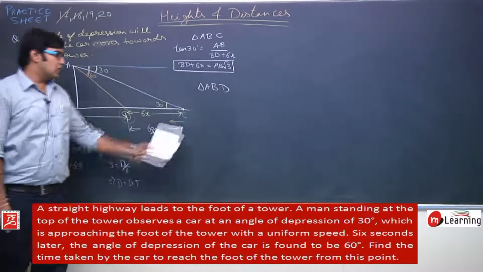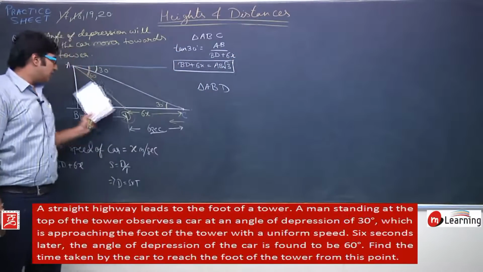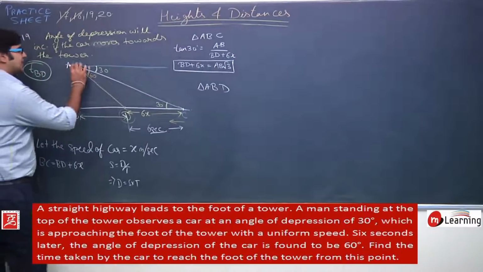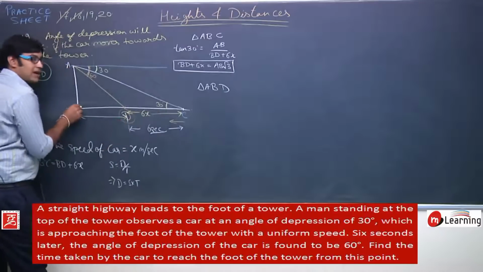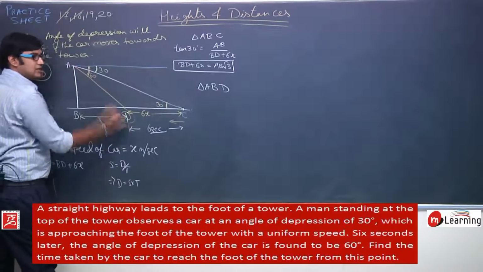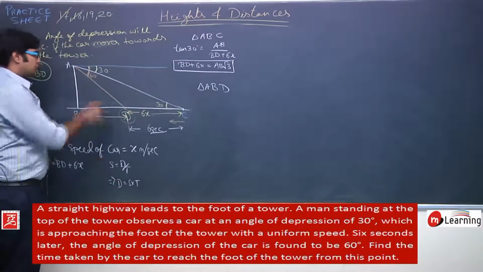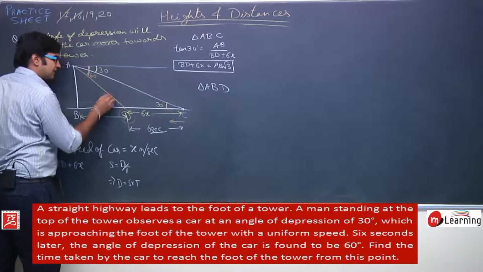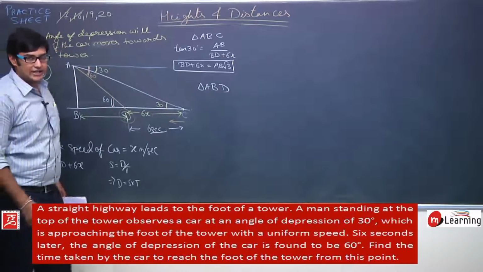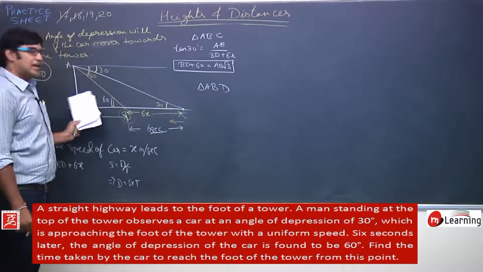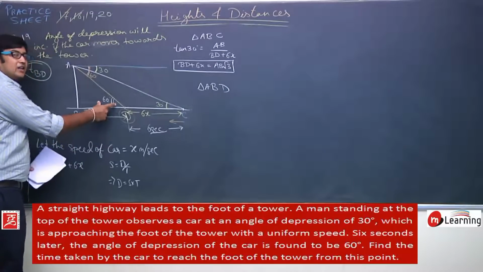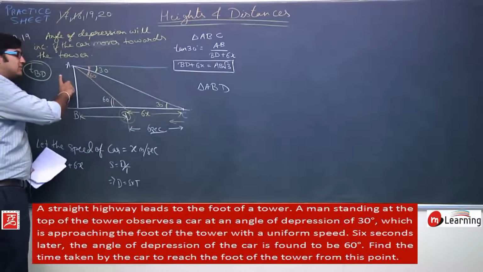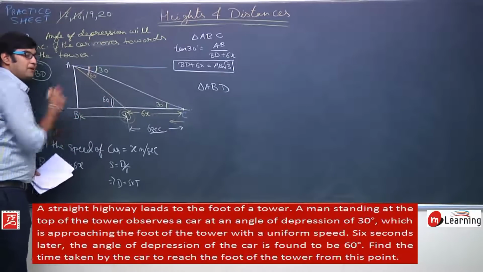Okay, now observe the next triangle ABD. In triangle ABD, you can see this line and this line are parallel, and this AD is a transversal. So if this angle is 60 degrees, this angle has to be 60 degrees. That is again the alternate interior angles. In this triangle, this is the 60 degree angle. With respect to this angle, this is perpendicular and this is base.